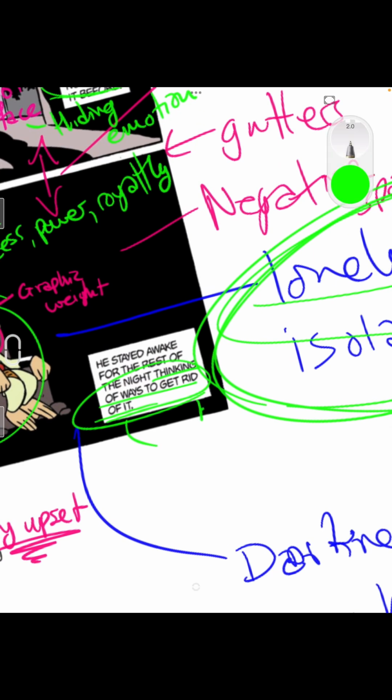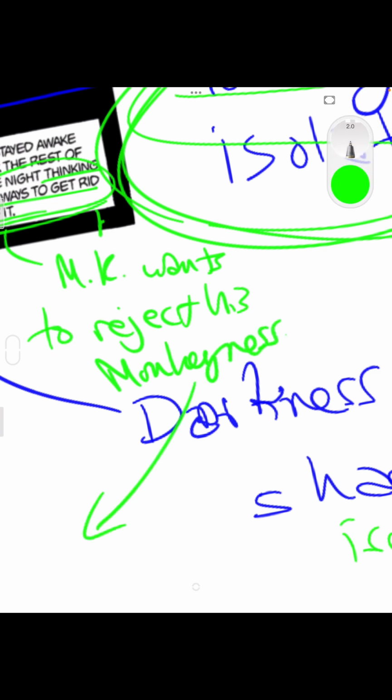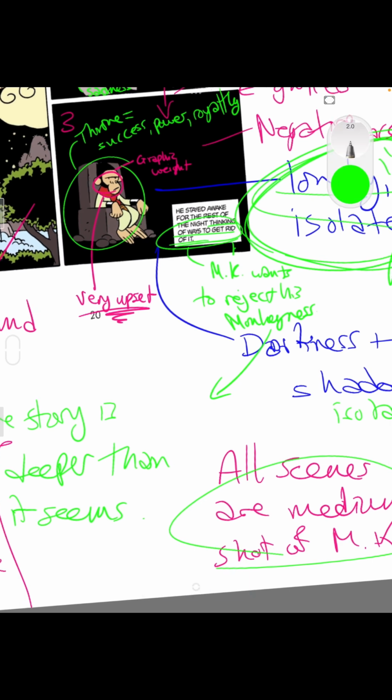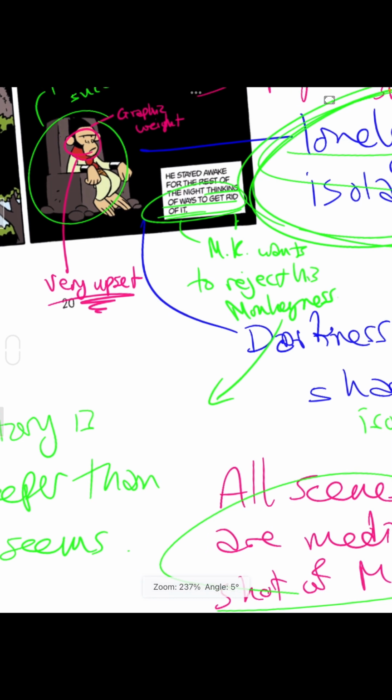But why? So this is, the Monkey King wants to reject his monkeyness. Okay? But even more important than that, if we see that this is not just a story about the Monkey King, this is a story about the other characters. This is a story about a Chinese American boy.